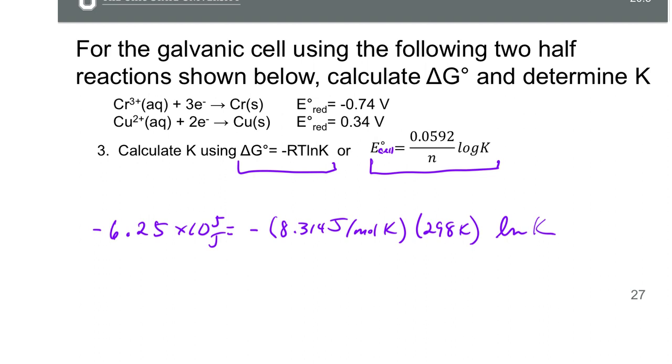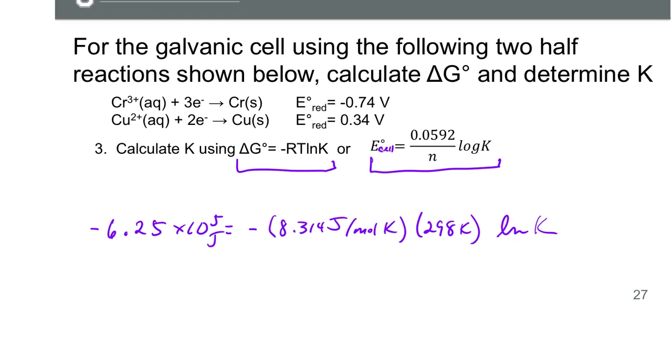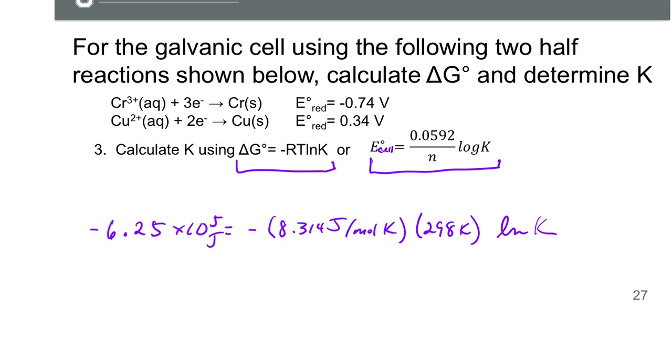Looking at our units, everything should cancel. Is that right? I think our moles aren't, but that's okay, we're not going to worry about that. Rearranging everything, we're going to get K is equal to e to the 252, something like that.